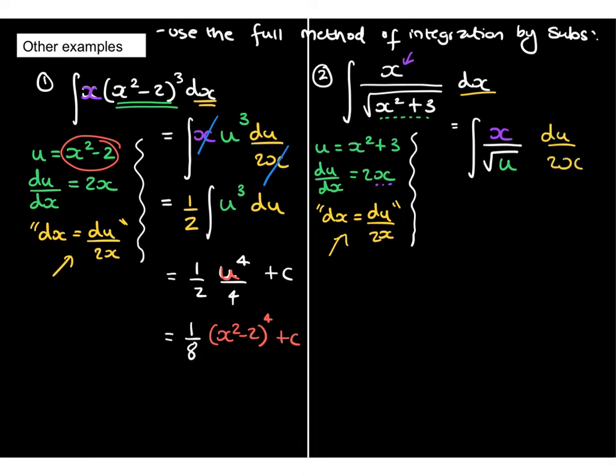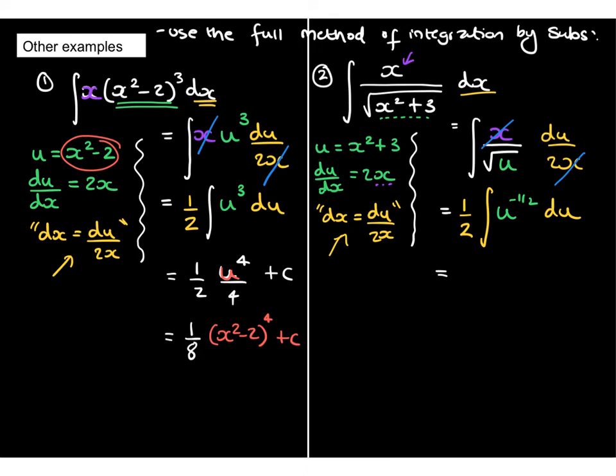So again, notice that convenient cancellation occurs just like last time. So I want a factor of a half out here, and then instead of 1 over root u, let's make that u to the negative a half, and then let's follow through with our integral.